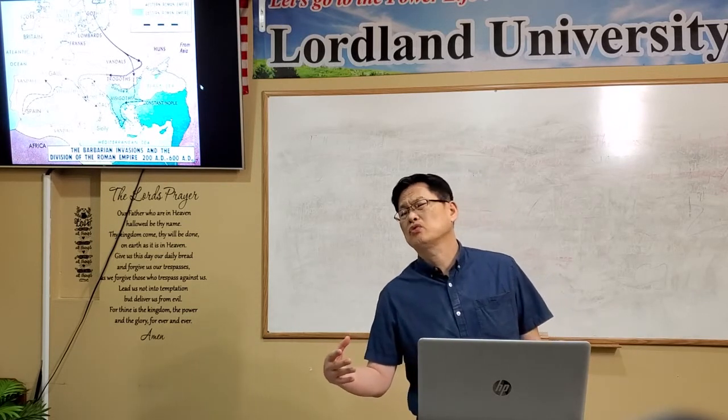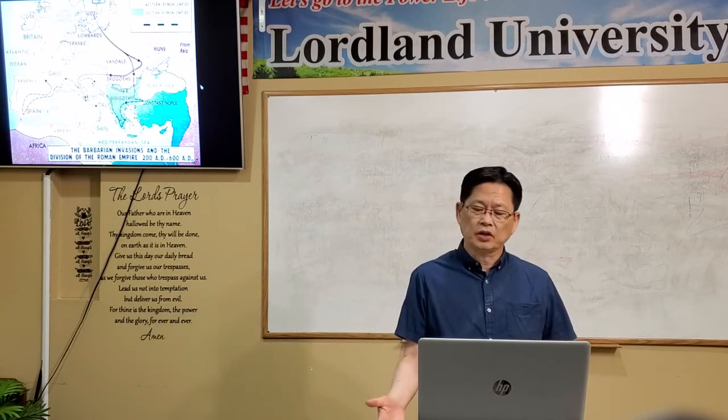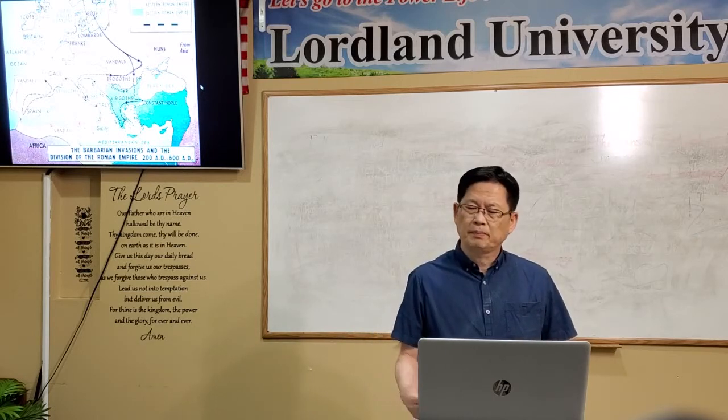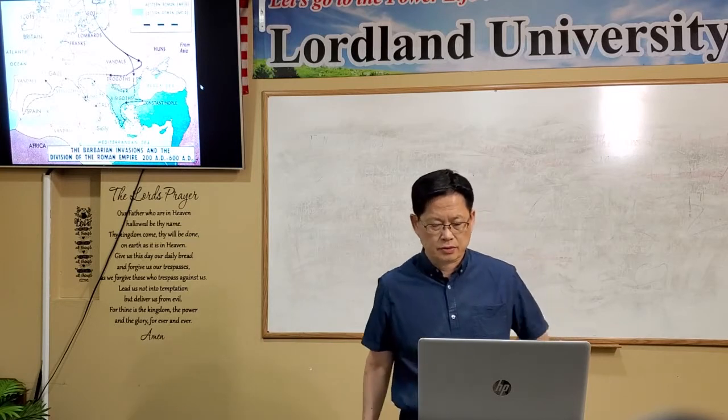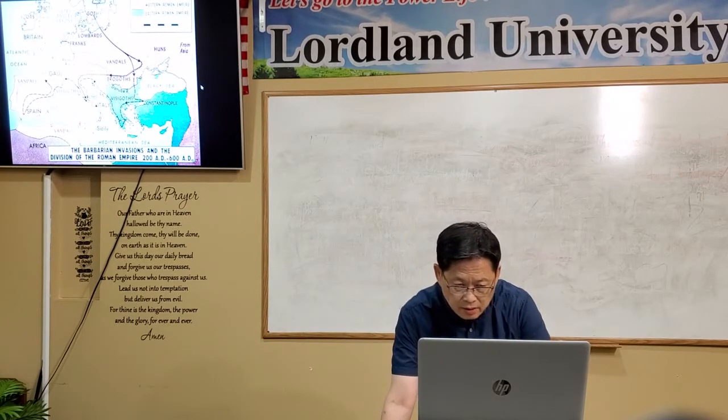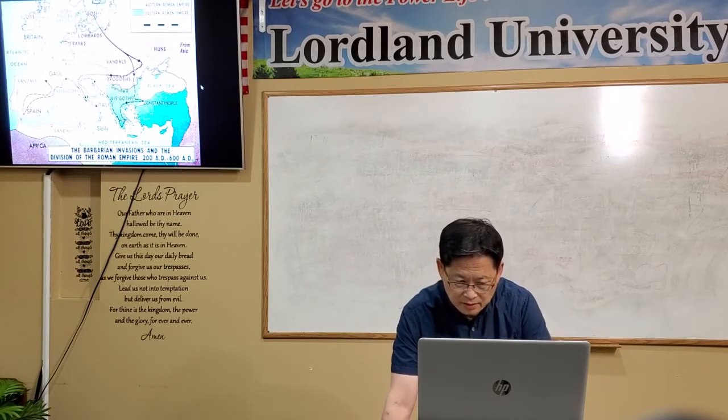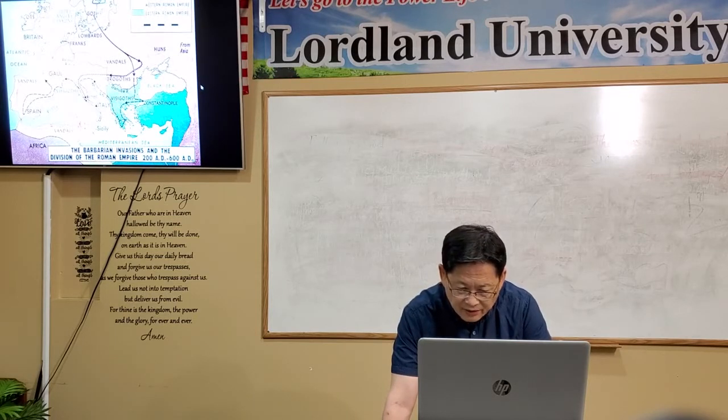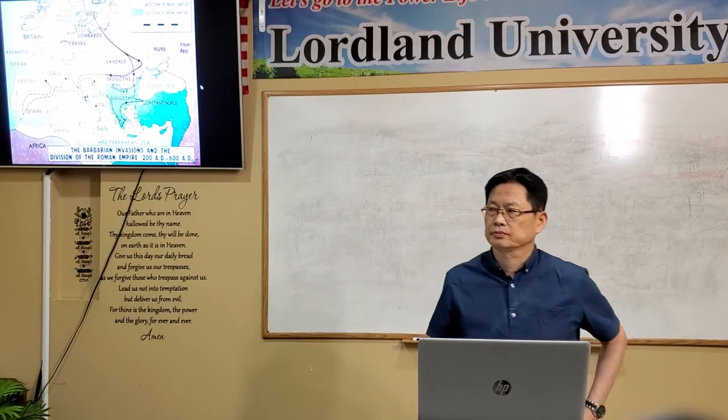There are too many varieties of barbarian Germanic tribes: Franks, Lombards, Goths, Vandals, Gauls, Ostrogoths, Visigoths, Saxons, etc.